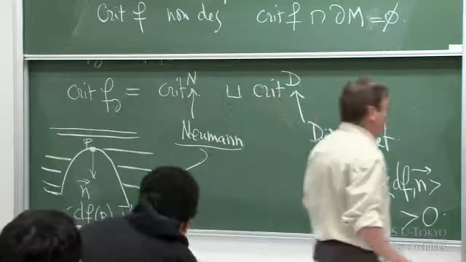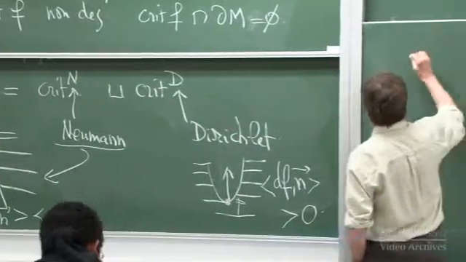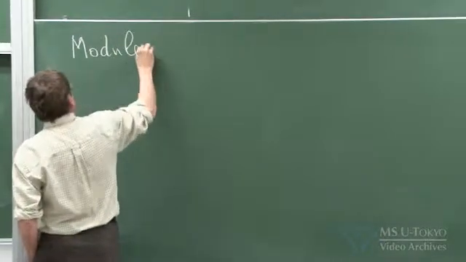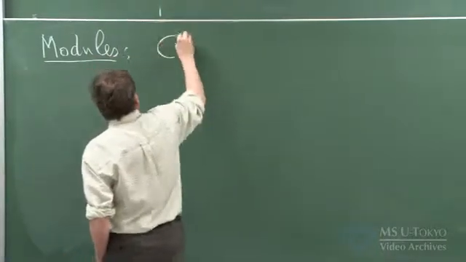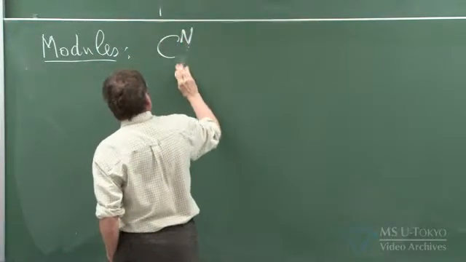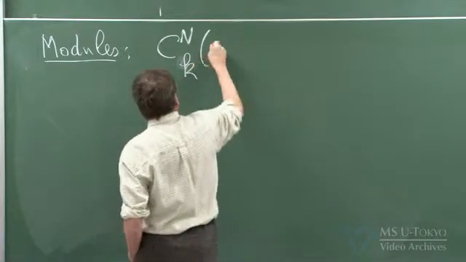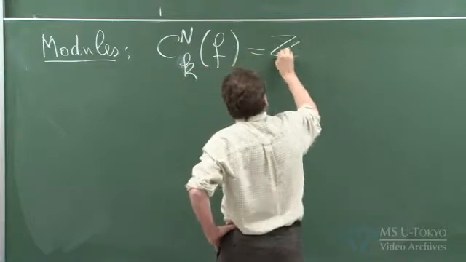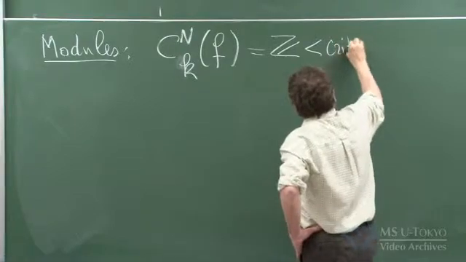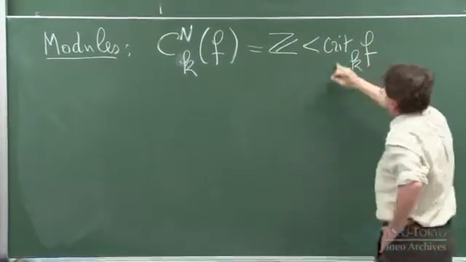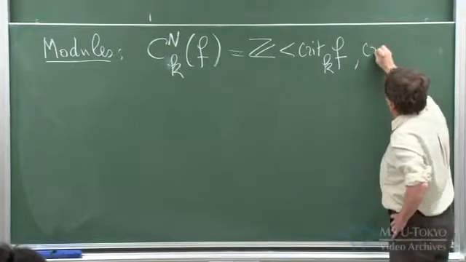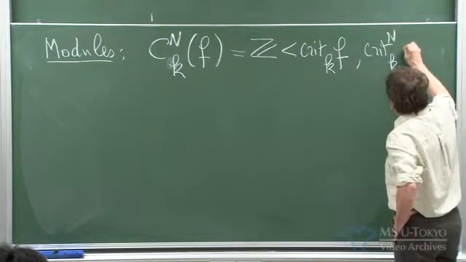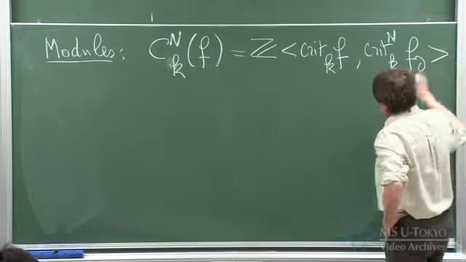And now I define modules like usual. C_k^N, which depends on f, is just a Z-module generated by the critical points of f in the interior and the critical points of index k and type N for the restricted function.